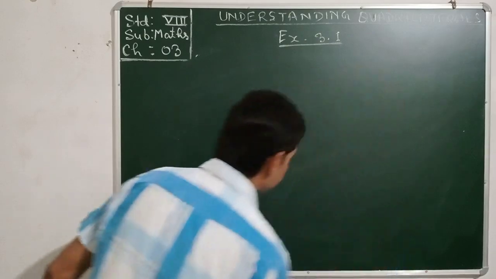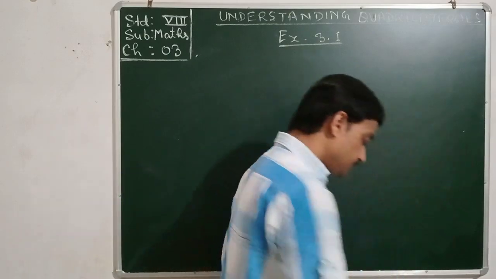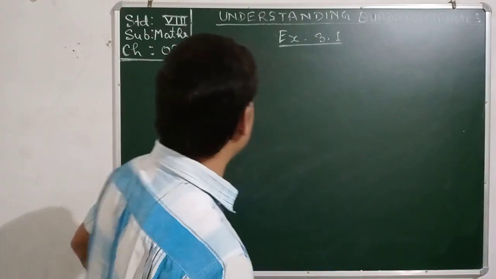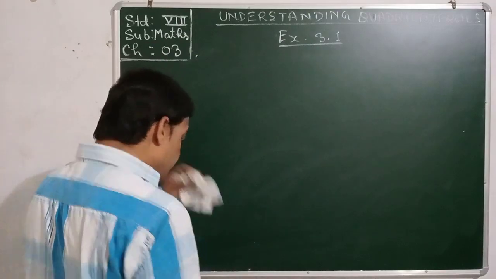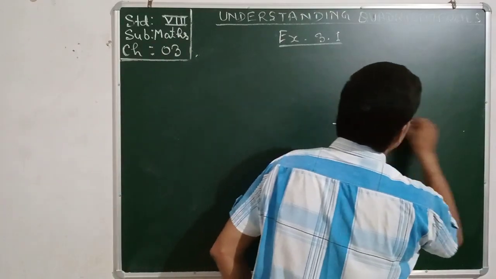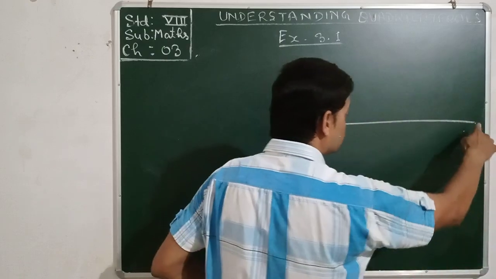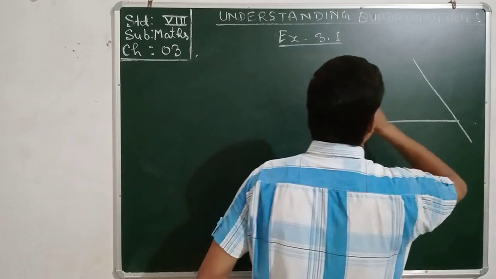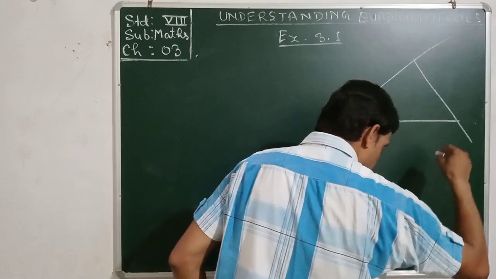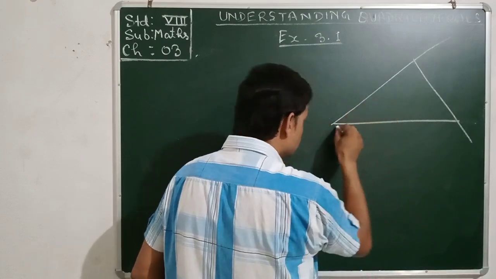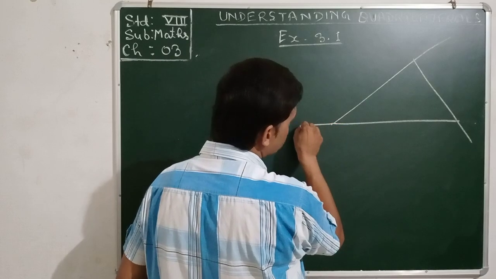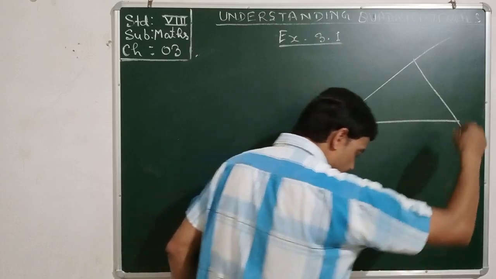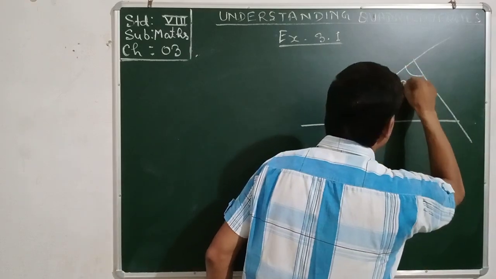In the 7 number sum, the figure is given and you need to find out the values of x, y and z. If you go through the figure thoroughly, see, the figure looks like this. This is 30 degrees. This was 90 degrees.